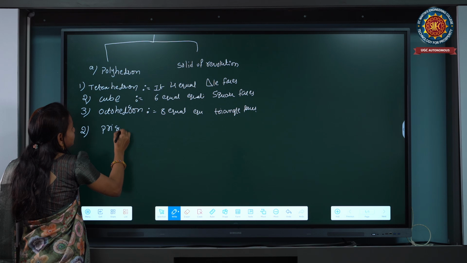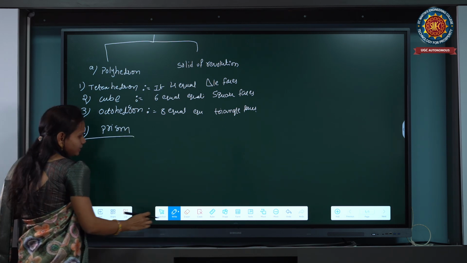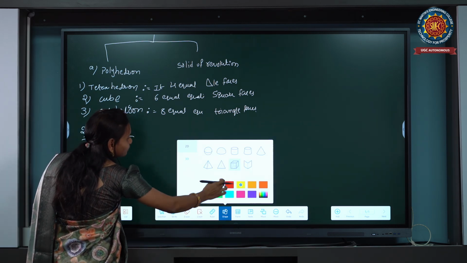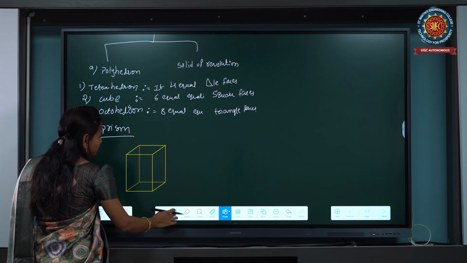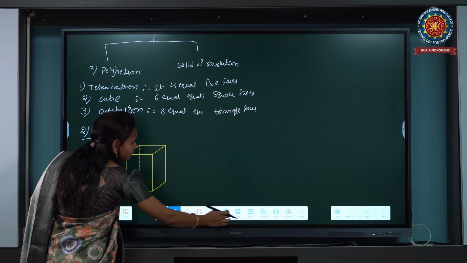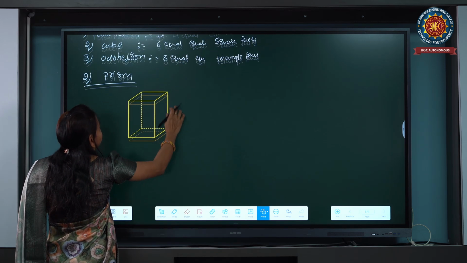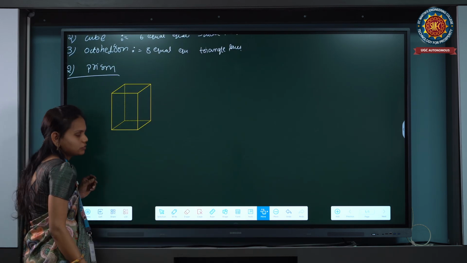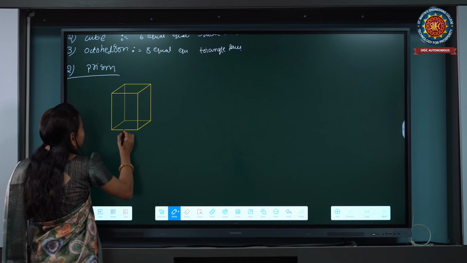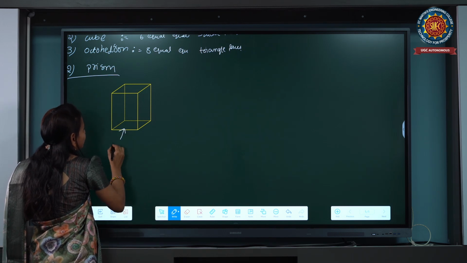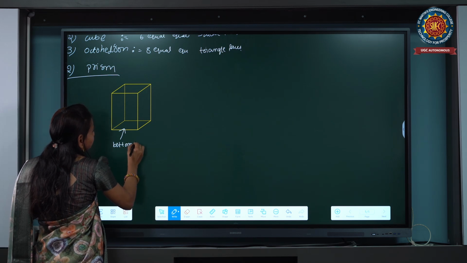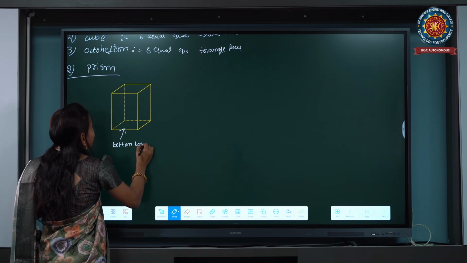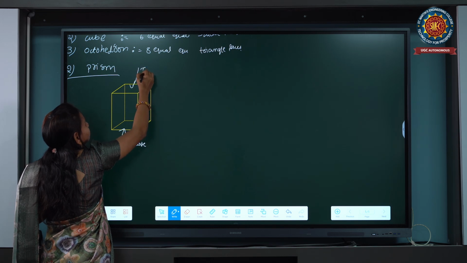So what is a prism? I am taking one example of a prism. This is the prism. It has two bases: this is the bottom base, and this is the top base.